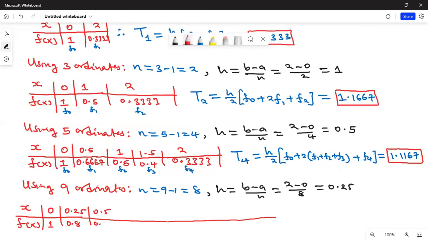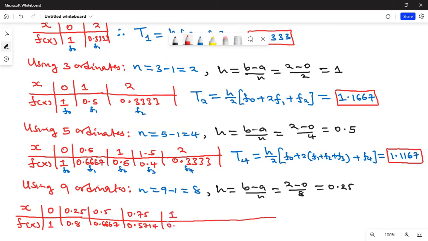That is 0.6667. Next is 0.75. That will give us 0.5714. Proceed. When we add 0.25, we go to 1.